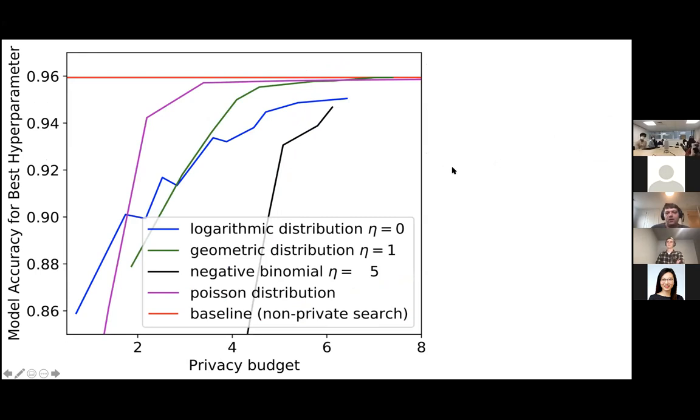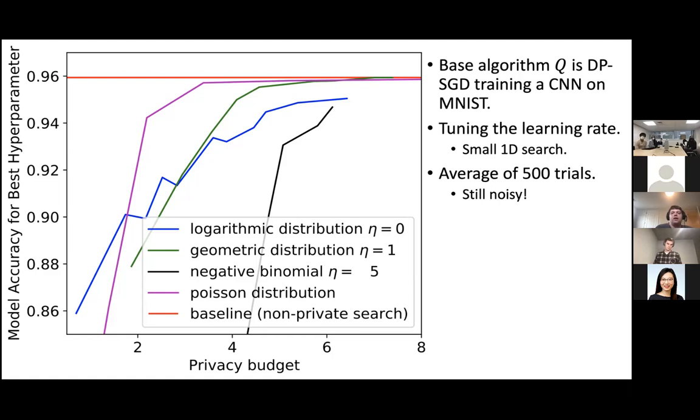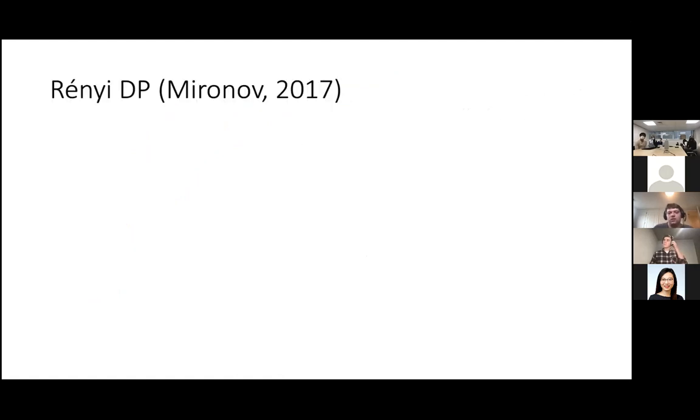We also have a plot with some actual experiments training a deep neural network. I don't have any real conclusions from this other than to say that this looks exactly like what the theory predicts. But it's kind of noisy because this is actually a simulation, even though we average over 500 runs. You can see these lines are still quite noisy.